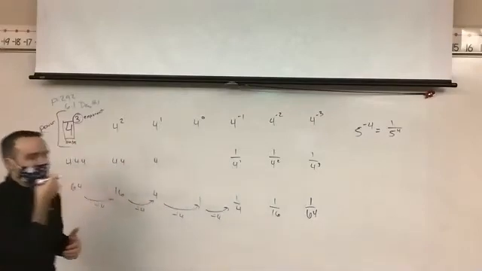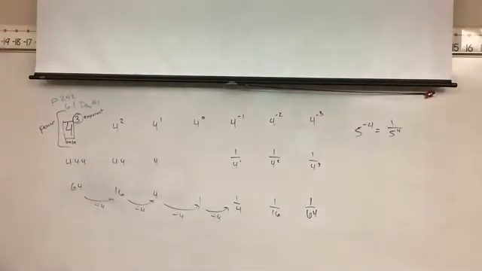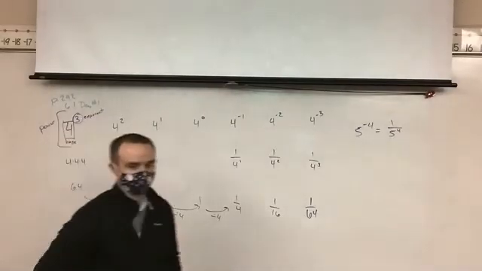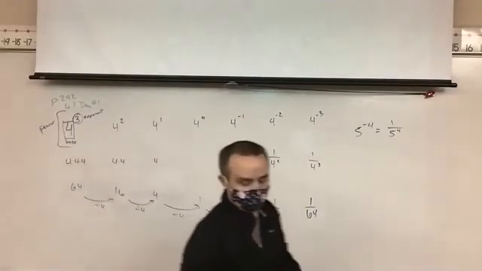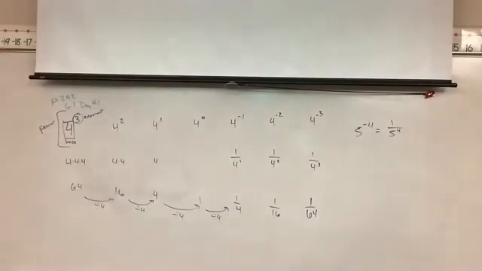I want you to type 5 to the negative fourth power in your calculator. What do we get? Big decimal, right?